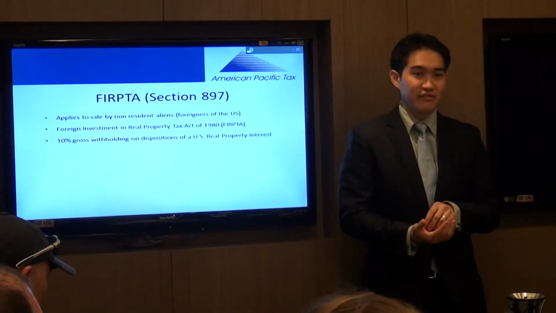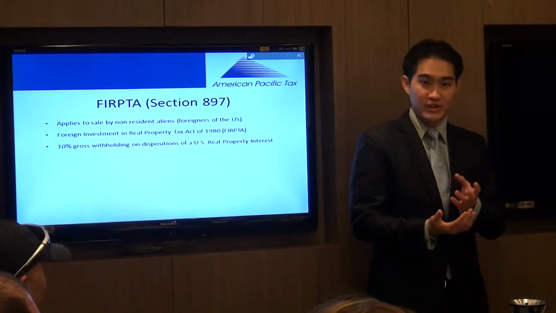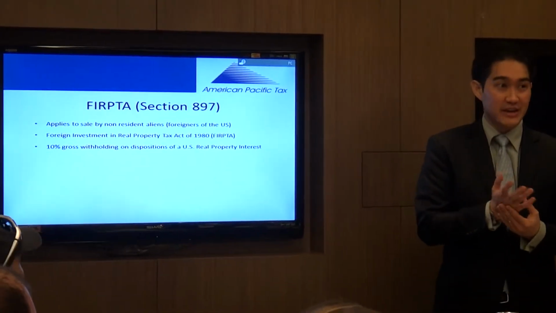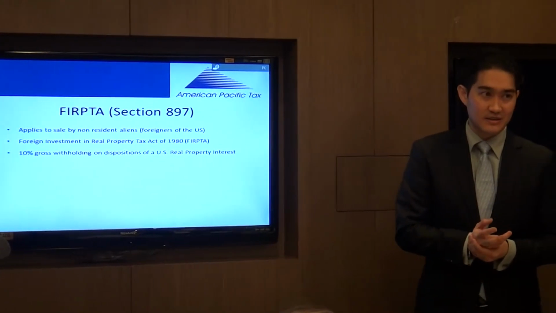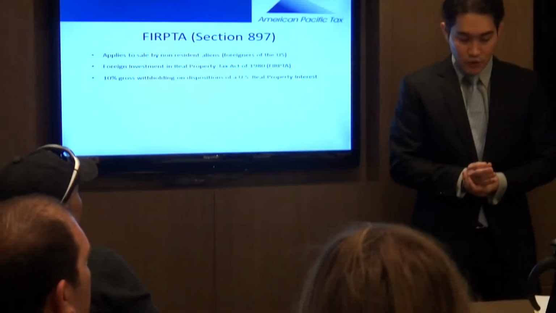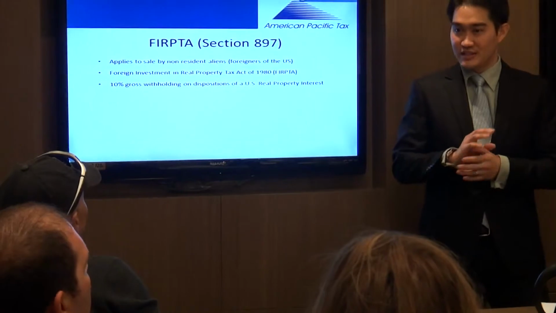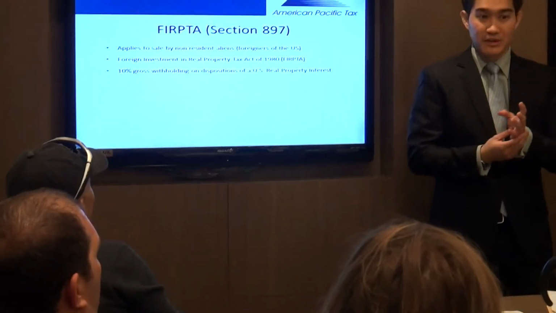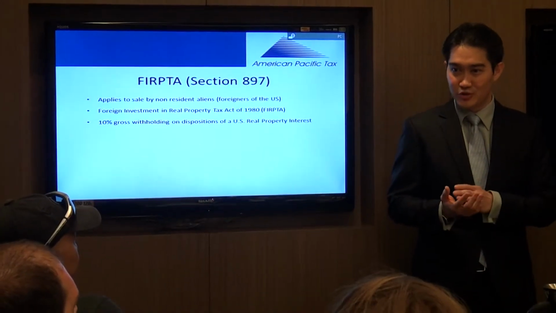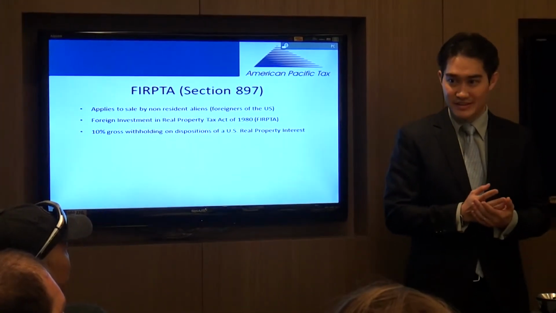So when a foreign investor sells their real estate property interest, they will usually be hit by a 10% withholding tax. That's regardless of any state tax as well, right? Yes, so that's a federal level. There possibly could be some states that do impose a similar type of tax treatment. It really depends on the individual state.